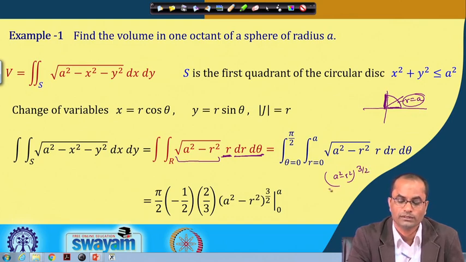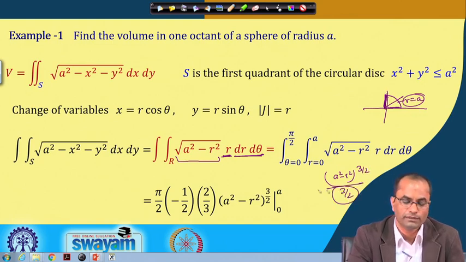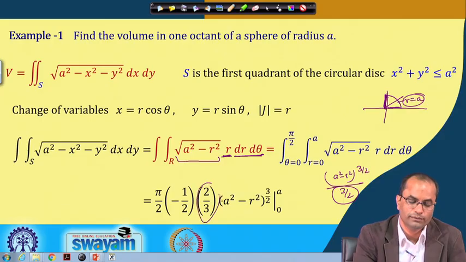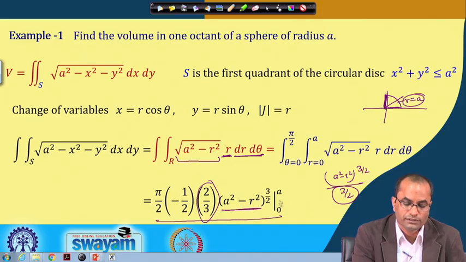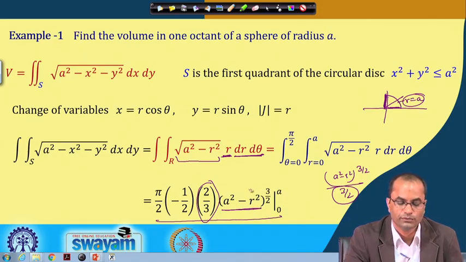So, half plus 1 is 3 by 2. So, this 3 by 2 we have taken here as 2 by 3 and a square minus r square power this 3 by 2, and the limits are from 0 to a. So, if we substitute now these limits, the upper limit will make it 0, the lower limit for this r will make it a square power 3 by 2, meaning the a cube with minus sign.